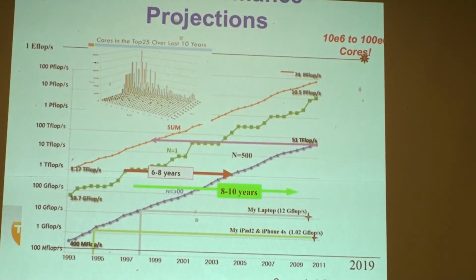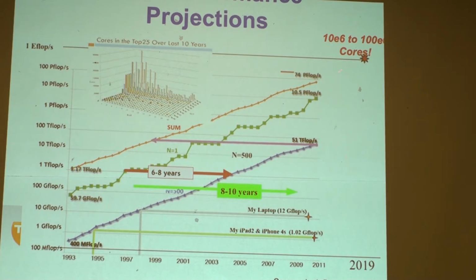So where are we going? The fastest computer right now is a little under 100 petaflops per second. You see my laptop down here at 12 gigaflops, so it's almost 10 to the 7 more processing power than is available on my desktop.